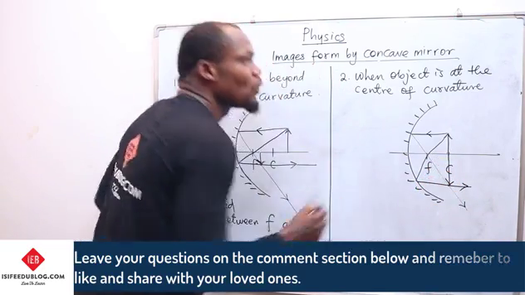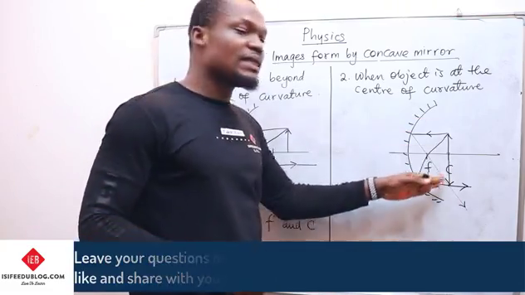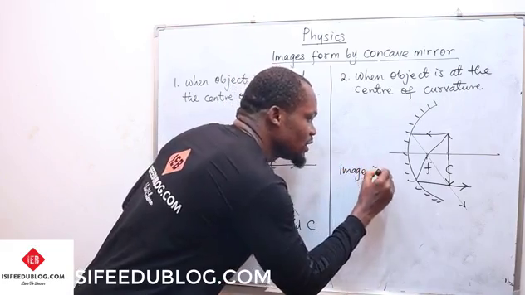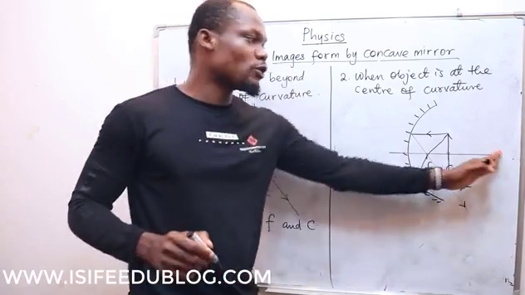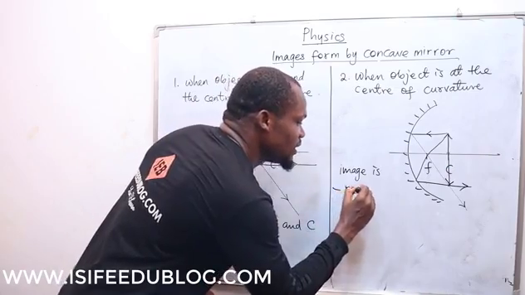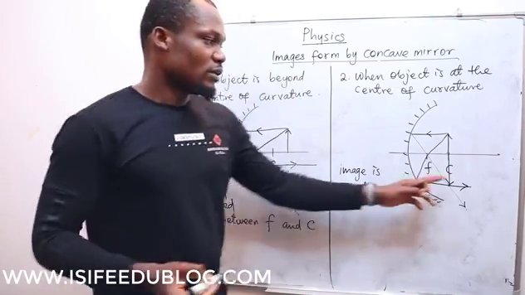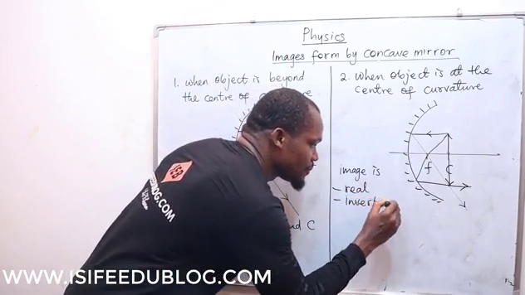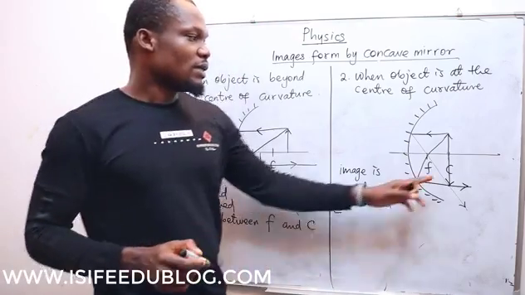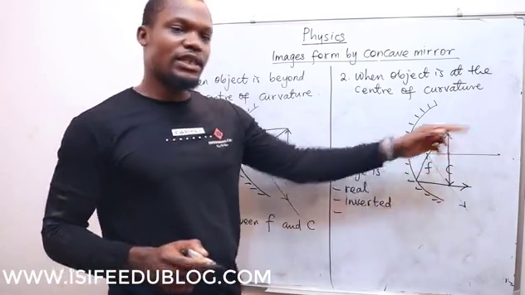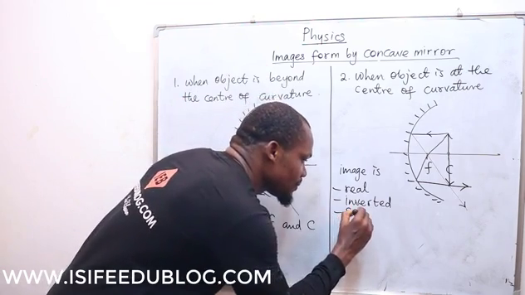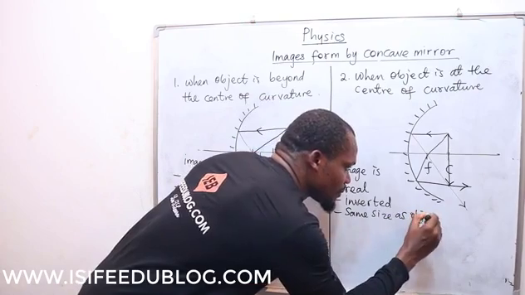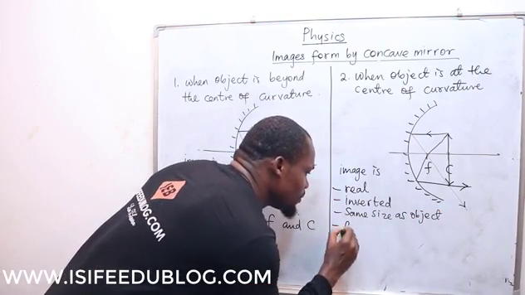So here, when the object is at the center of curvature, the image is, again, in front of the mirror. Hence, it is real. Secondly, it is inverted. Third, it is the same size as the object. And where is it formed?